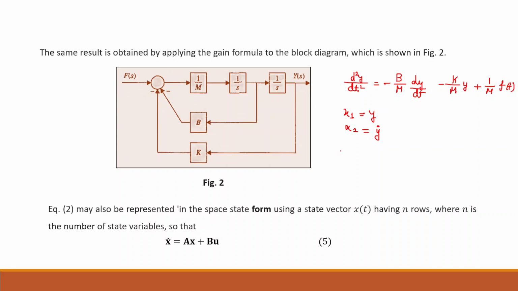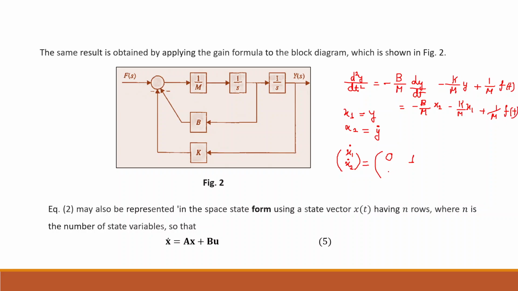I can write the expression as x1 dot, x2 dot equals y dot, that's x2, it will be 0 1, and x2 dot is y double dot, which is written as minus b by m x2 minus k by m x1 plus 1 by m ft.